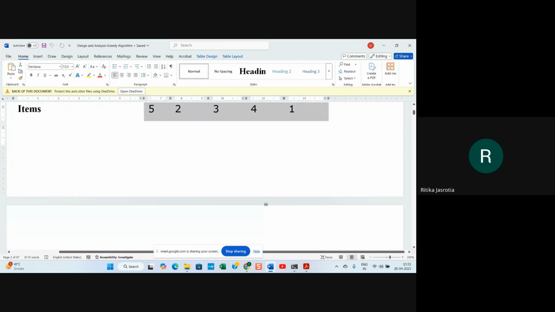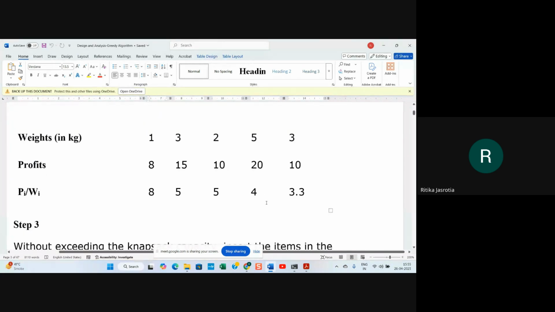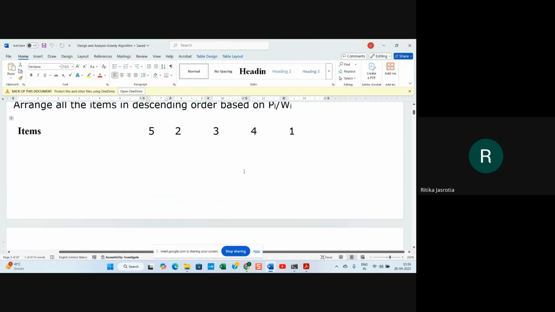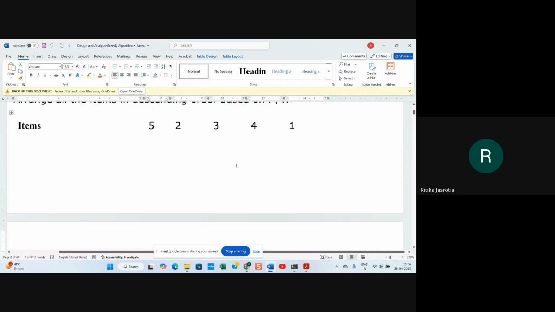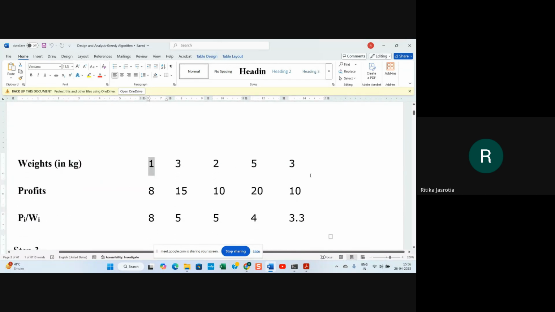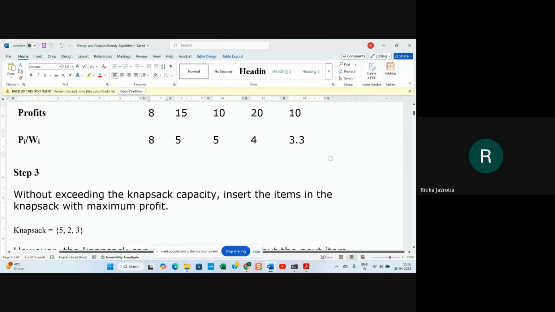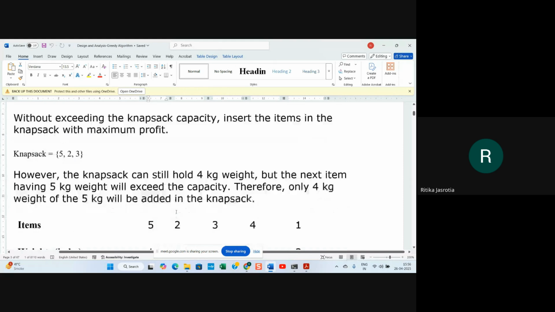So these are the items in decreasing order. The items are now 5, 2, 3, 4, and 1, and we have arranged their weights and profits accordingly. The fifth item has weight 1 and profit 8. Without exceeding the knapsack capacity, insert the items in the knapsack with maximum profit.